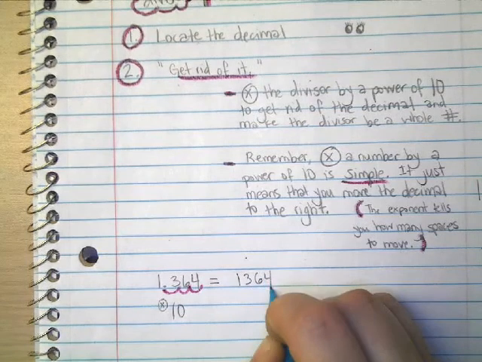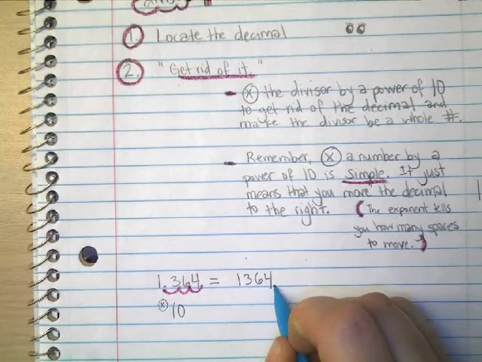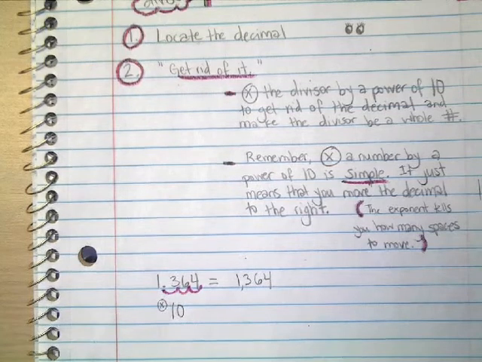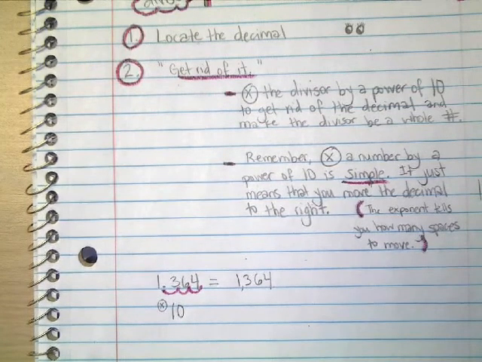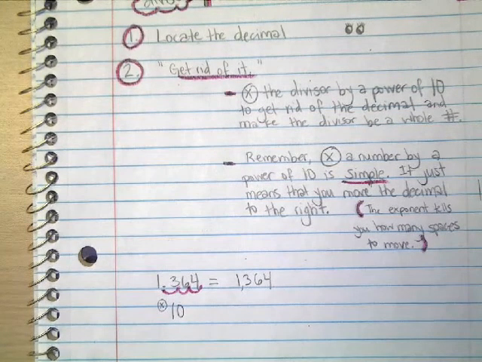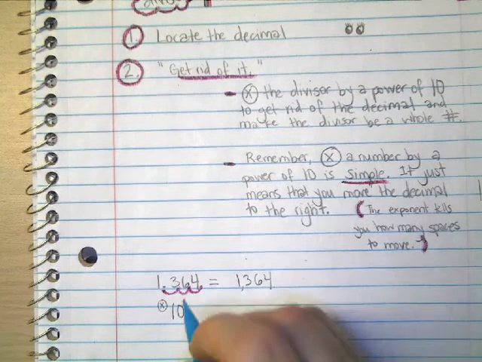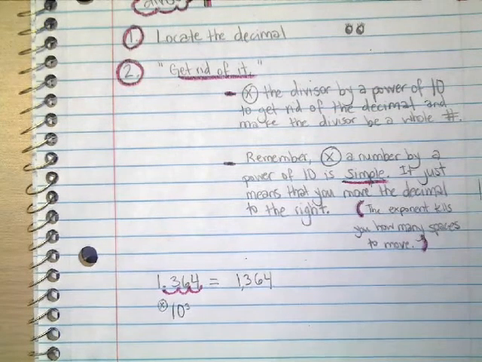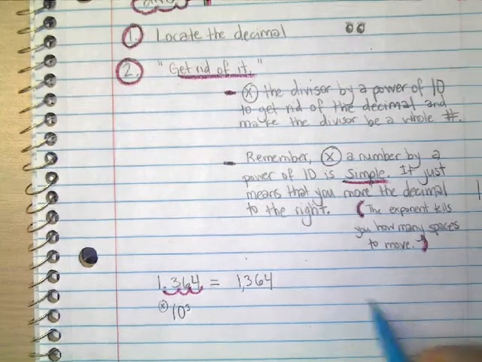Yeah, it would be 1, 3, 6, 4, and the decimal would be at the end. So in order to get that number, 1.364, to be a whole number and no pieces, I had to multiply it by 10 to the third power. So put a little 3 above that 10 because I moved it 3 times. That was 10 to the third.